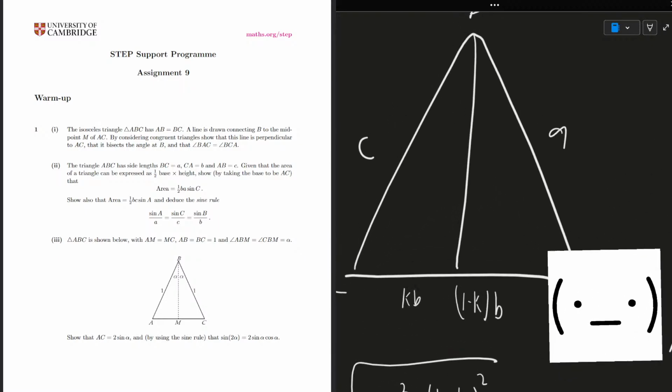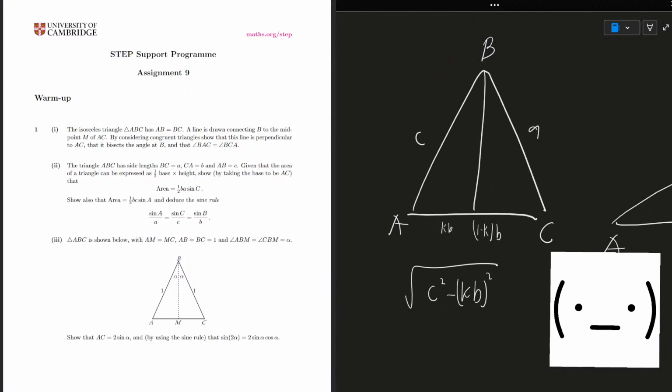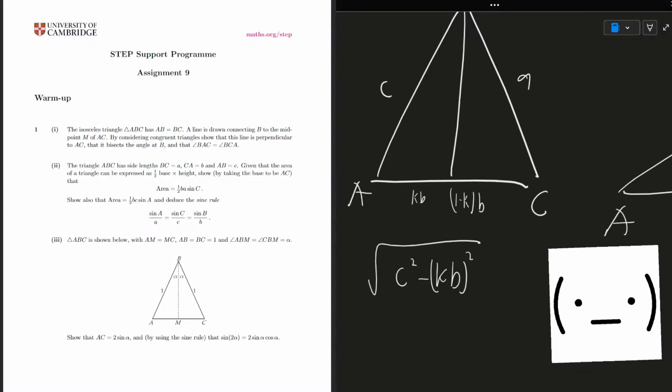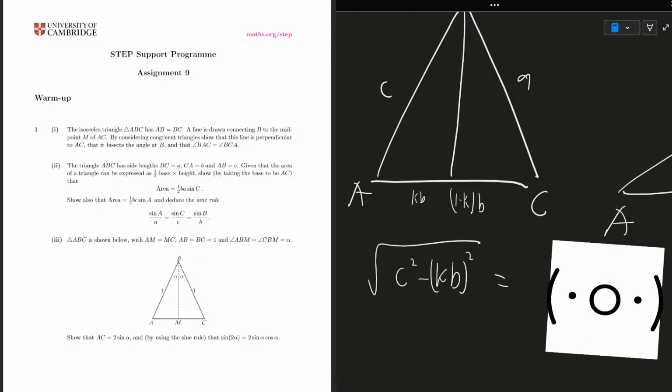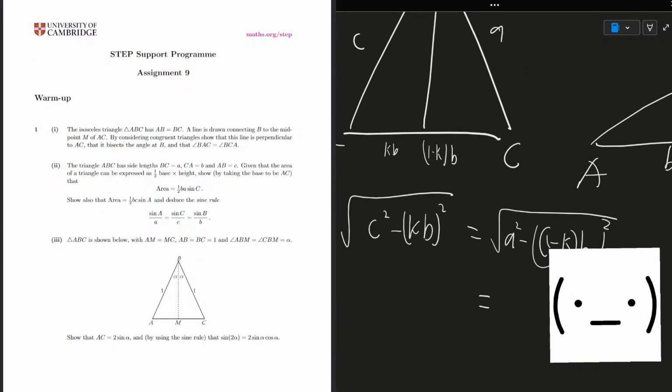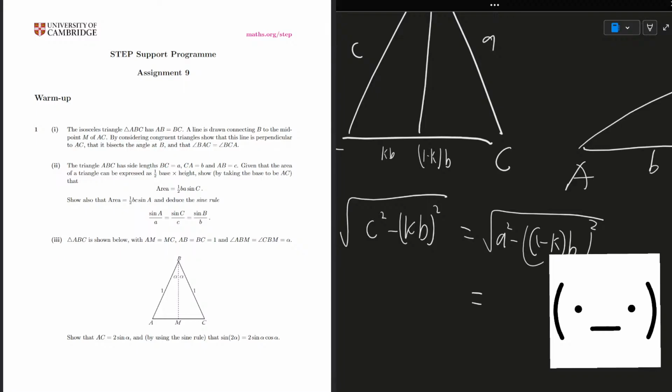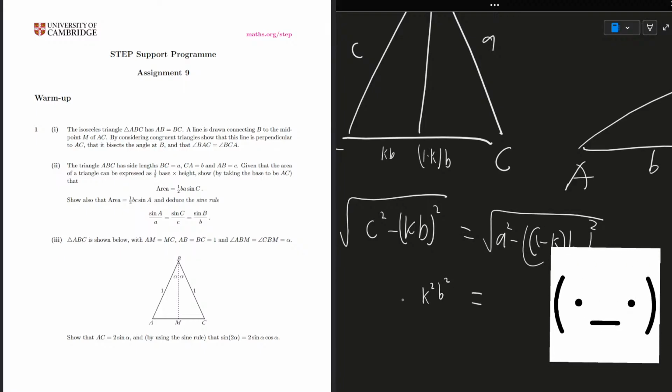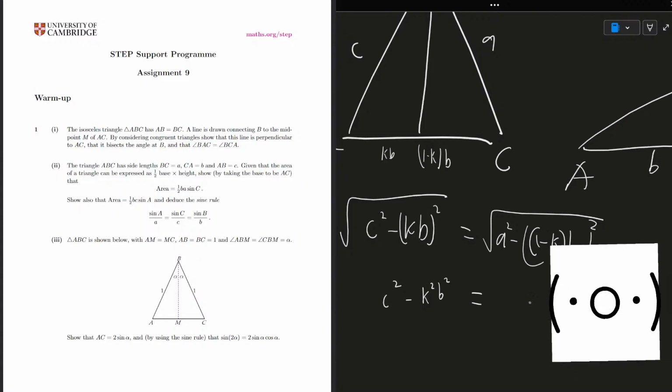Now this equals the straight line here, the straight line that splits the triangle in half. This is also equal to 1 minus k b squared a. So now we can start doing the math.